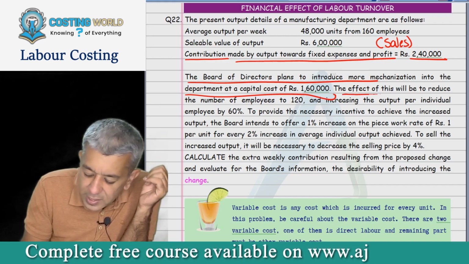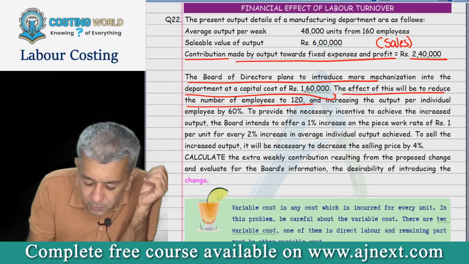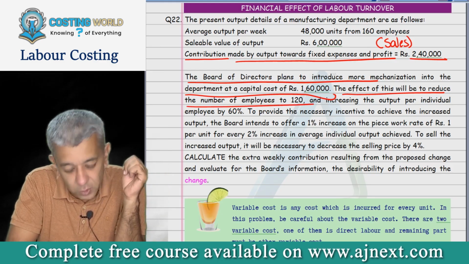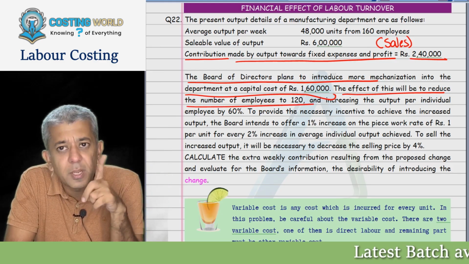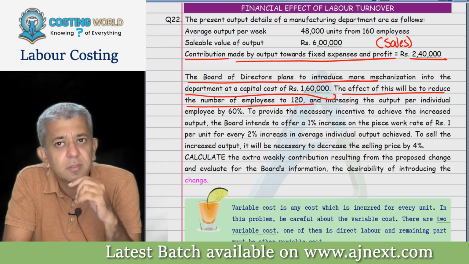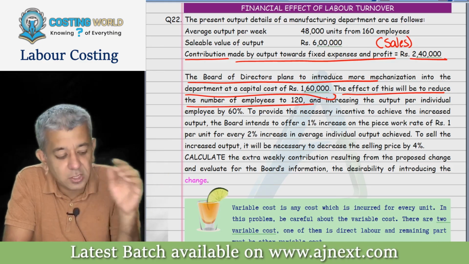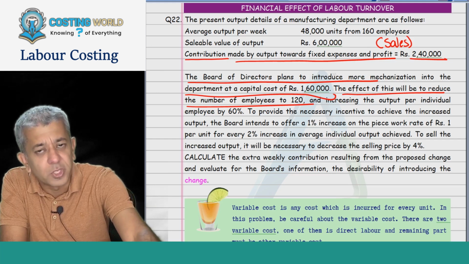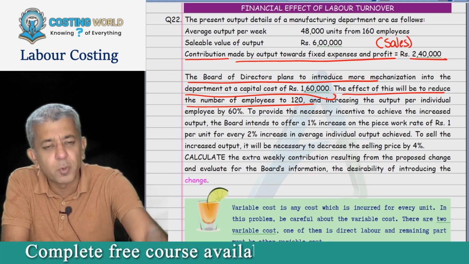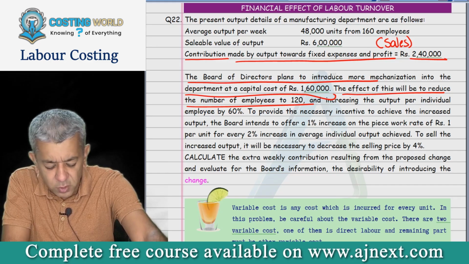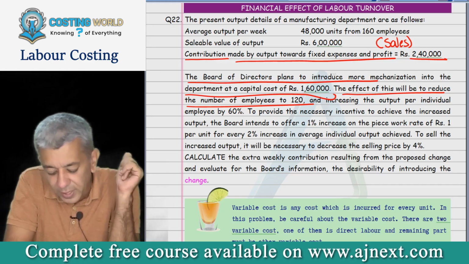Further, the effect of this will be to reduce the number of employees to 120. Earlier how many employees did we have? 160. Obviously with more machines, the number of employees will fall, so now it will reduce to 120.